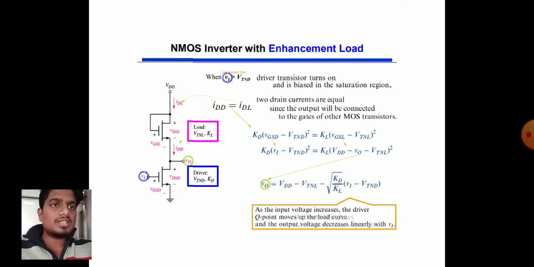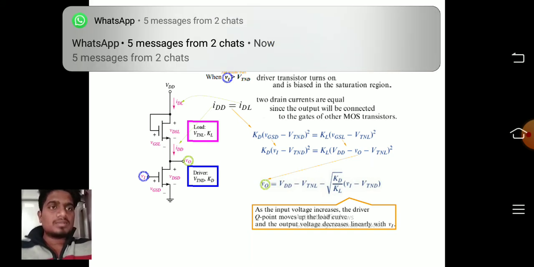The two drain currents are equal since the output will be connected to the gate of another MOS transistor. As the input voltage increases, the driver Q point moves up the load curve and the output voltage decreases linearly with Vi.